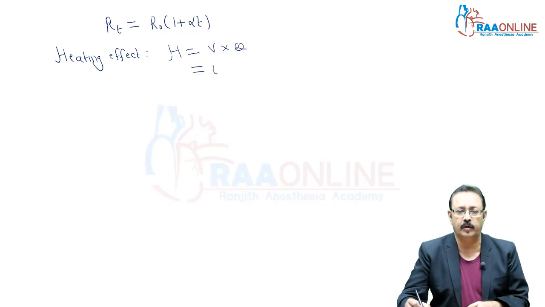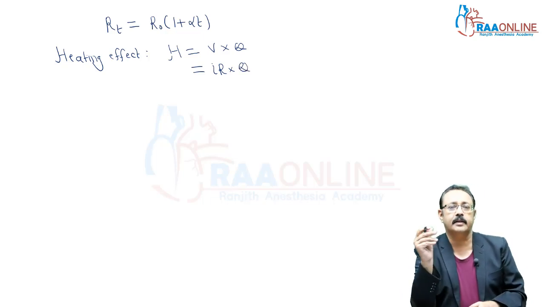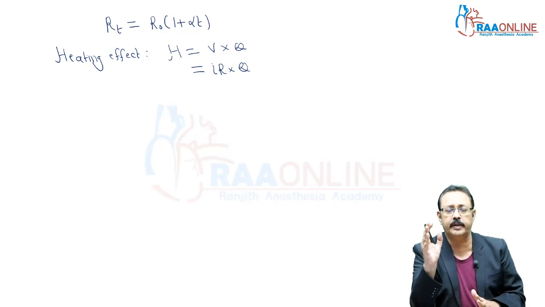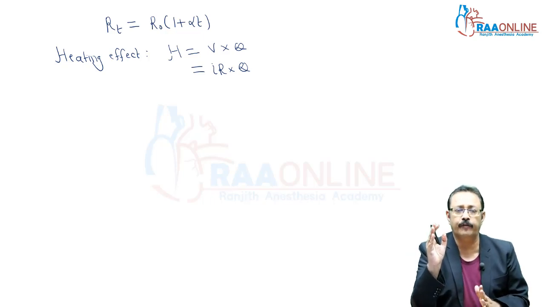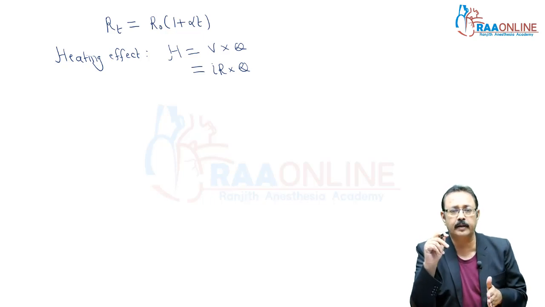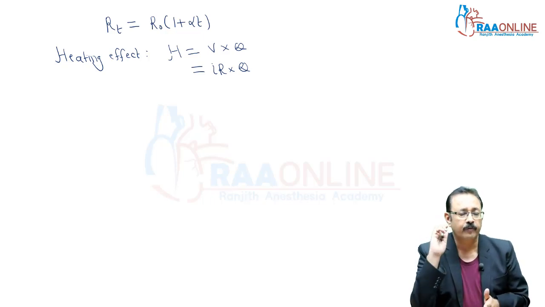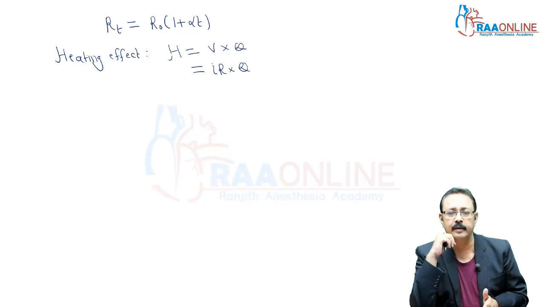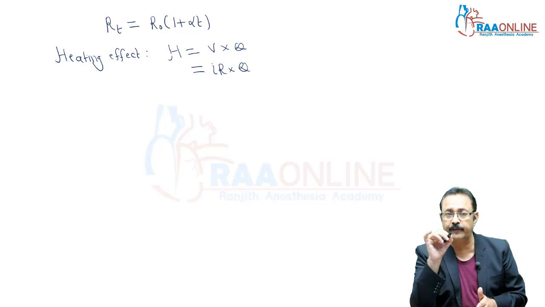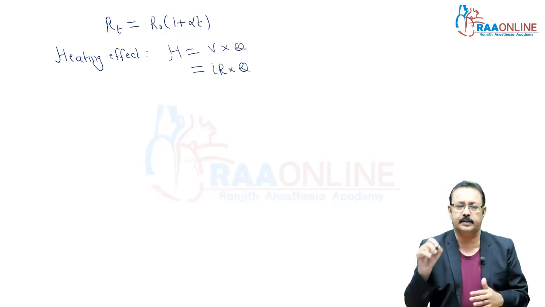V is, by Ohm's law studied in 10th class, I into R. Remember always, the substances which follow Ohm's law, meaning the graph of V and I is a straight line, are known as ohmic resistance. V is equal to IR is valid for all, but if the graph is not a straight line, then they are known as non-ohmic resistance.